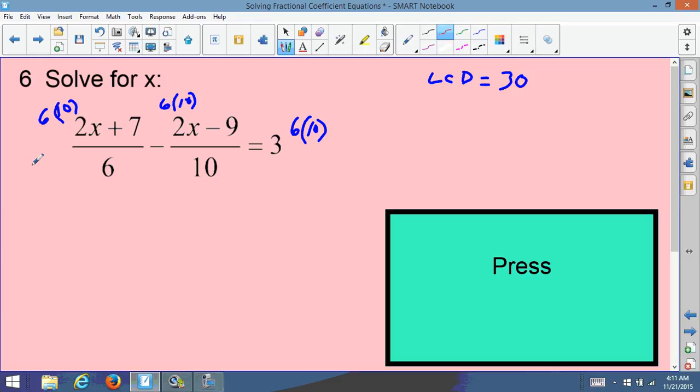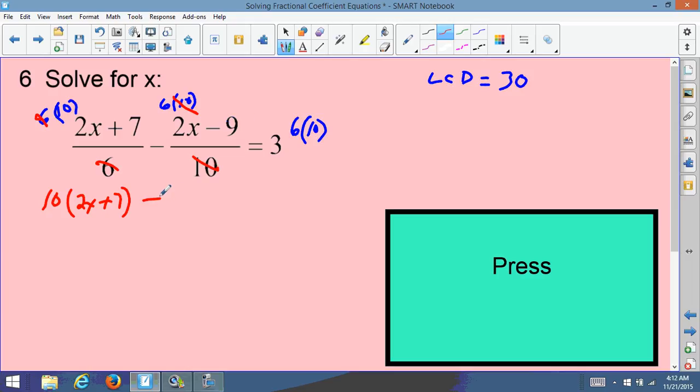Because what happens when you use this method, you see how easily the denominators cancel out. So when I multiply by 6 and divide by 6, the denominators cancel out, leaving me with 10 times (2x + 7). And now I'm going to cancel out this 10 and this 10 on the bottom, leaving me with 6 times this stuff.